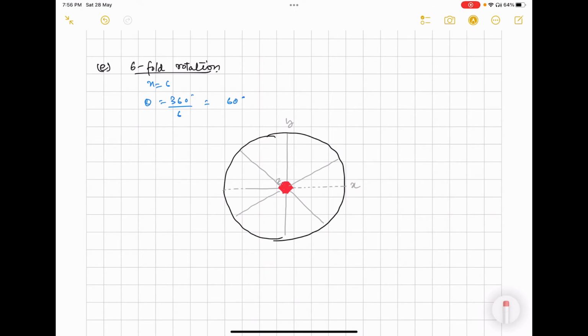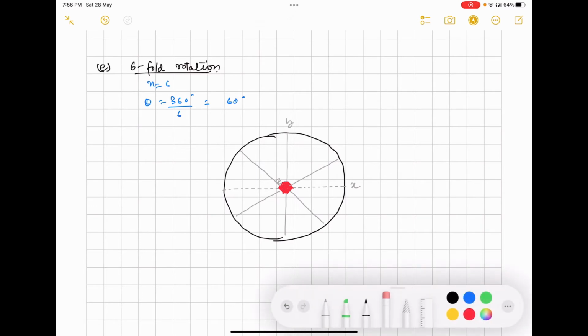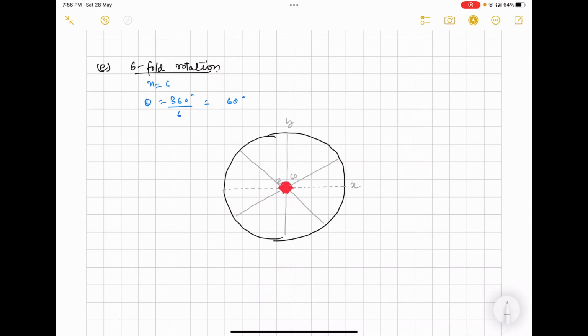This represents the axis. Now every axis has an angle of 60, 60, 60, 60, 60 and 60.